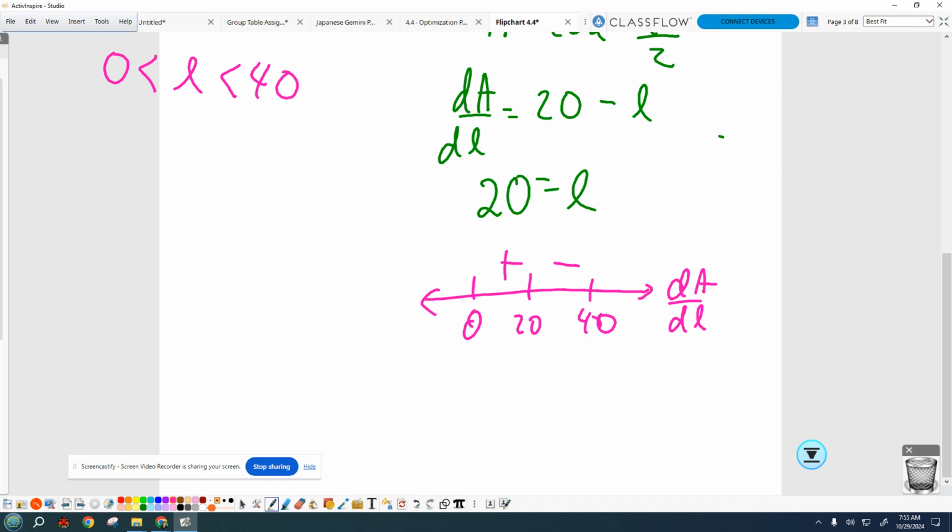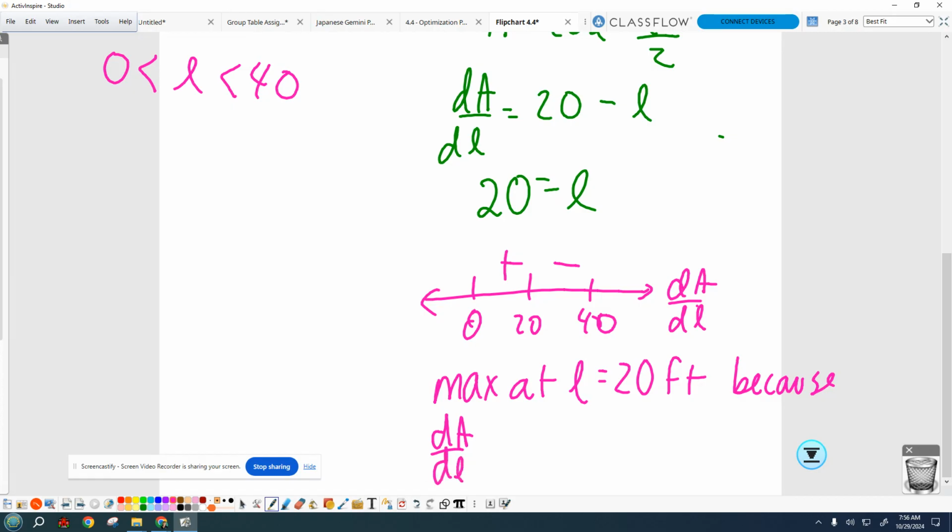So George, L equals 20, is that a maximum or a minimum, and why? It's a maximum because the derivative, dA/dL, went from positive to negative.